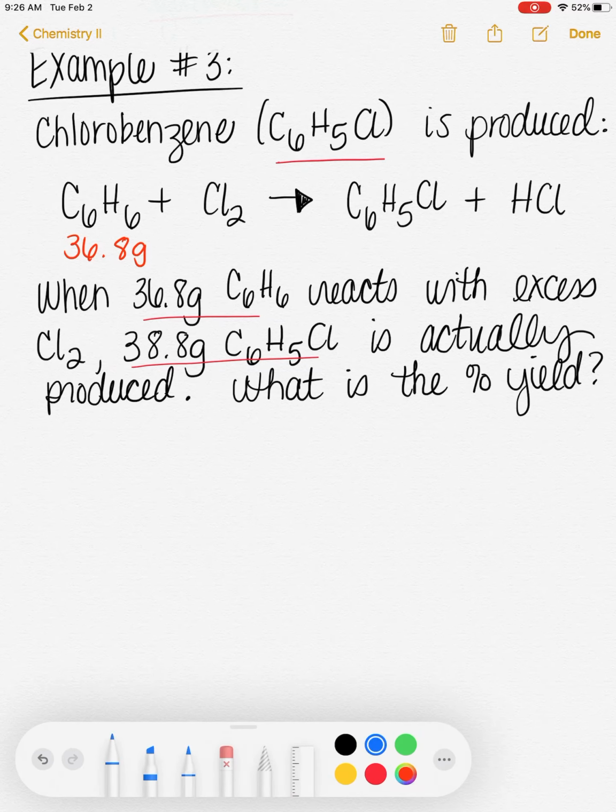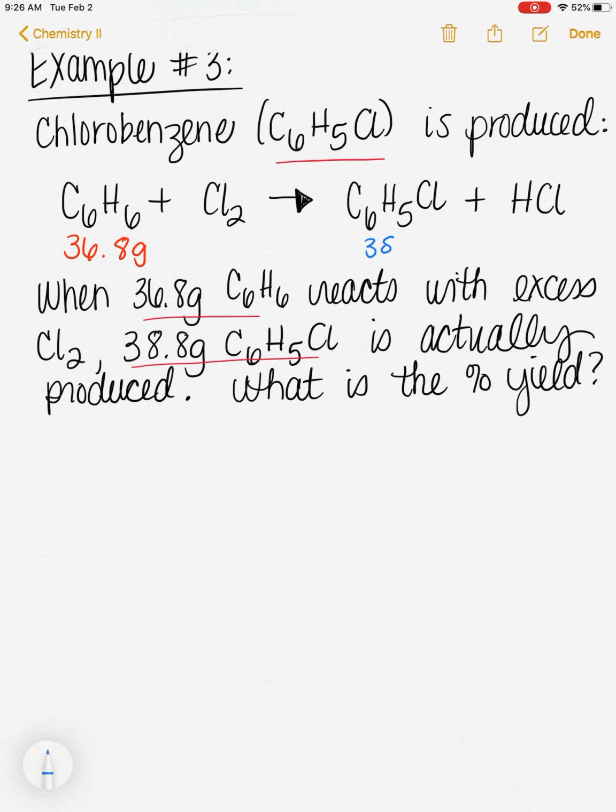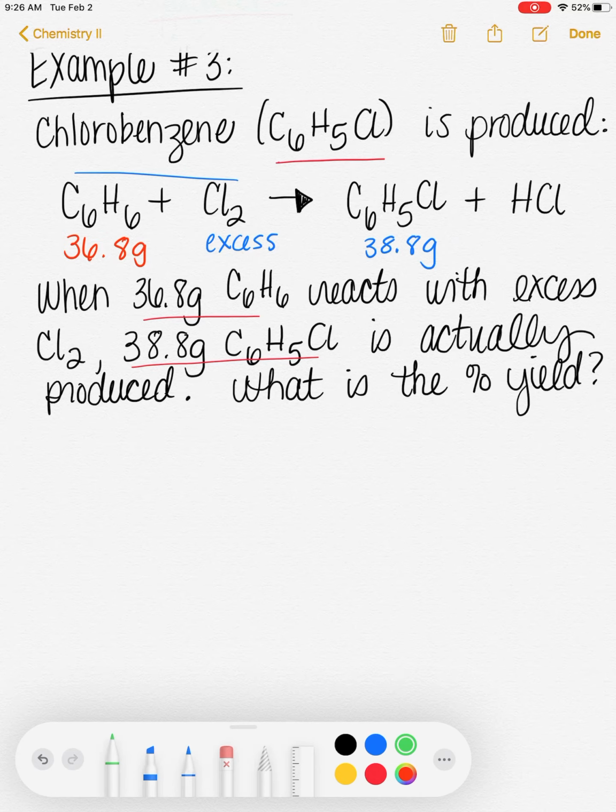Meanwhile, the 38.8 grams is of the C6H5Cl, which is a product. Yesterday, when we were given two numbers, we were given two numbers for the reactants. Today, we have a reactant and a product, and they just tell us that the chlorine is in excess.